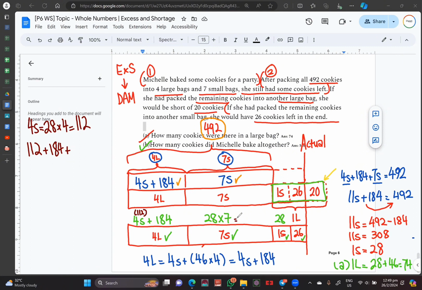When we do 28 times 7, you punch your calculator, you get 196. Plus 196, then you plus 28 again, then you plus 26 over here. So what is this all together? When you add them up together, you get an answer of 546. So this is 546, and this is my answer for B, where they ask for the total number of cookies Michelle baked all together.